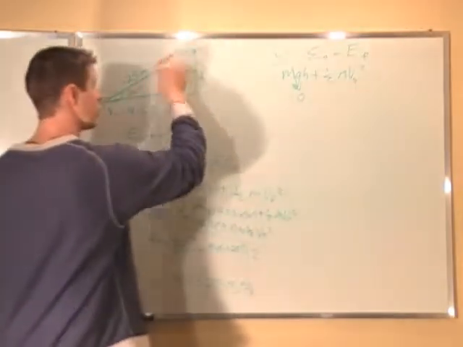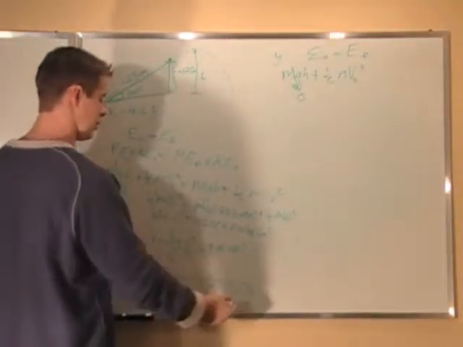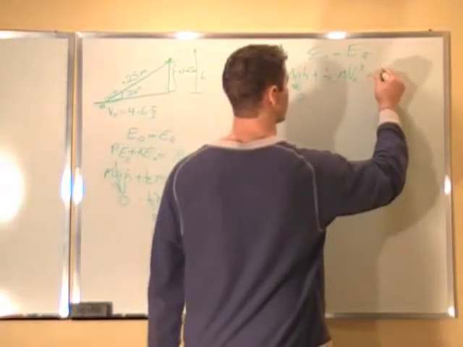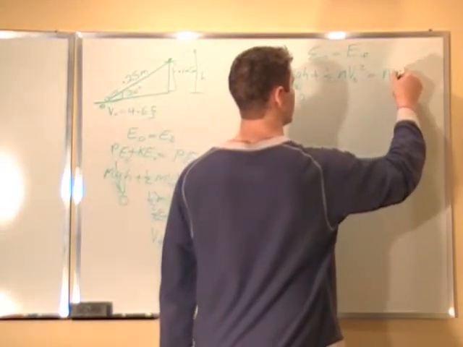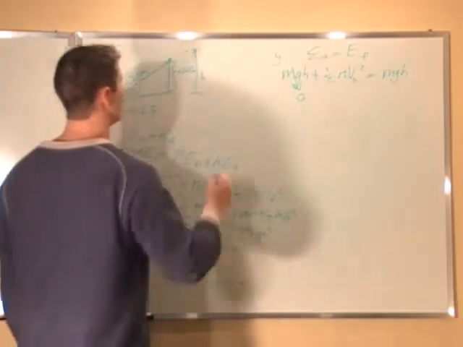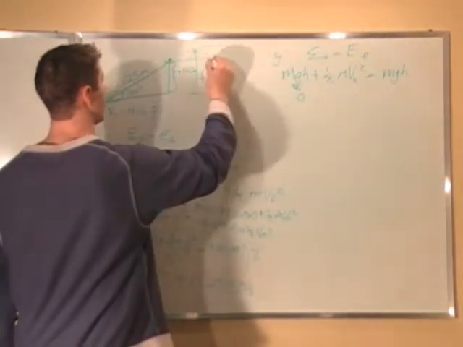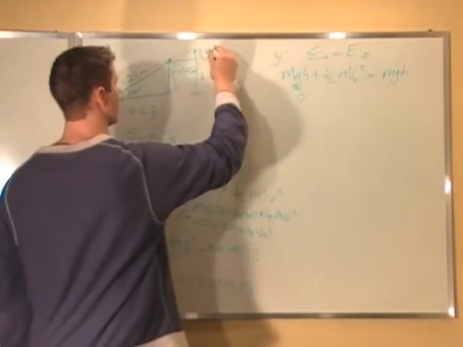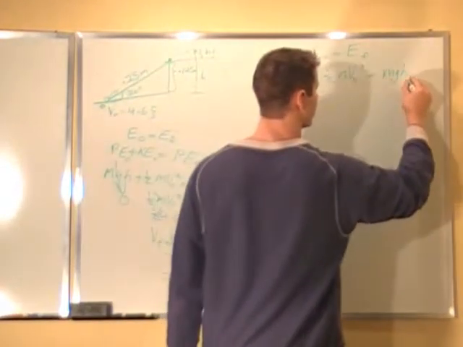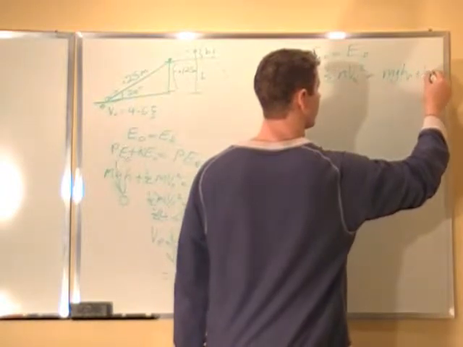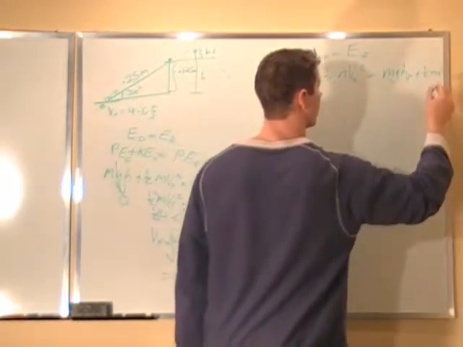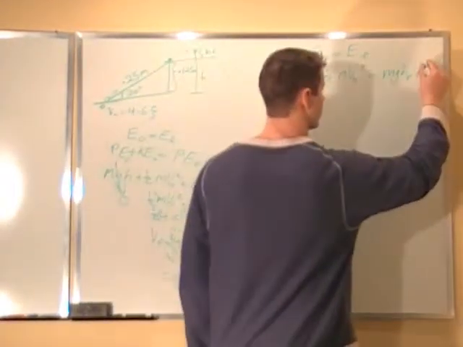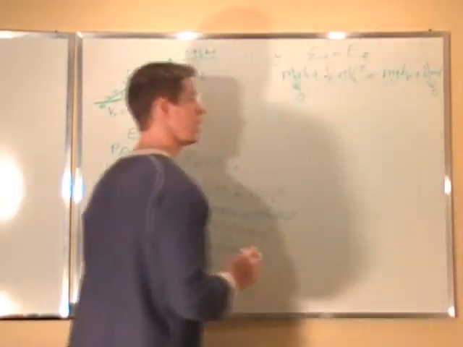This is now my initial velocity, which is going to be the y component of this, equal to mgh, which is going to be this height here. I'll call this h final, plus 1/2 m v squared. Since I'm doing this in the y direction, the velocity is 0, so that whole term is 0.